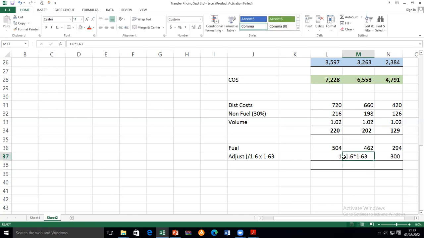We are dividing by 1.6 and multiplying by that. So that's what we have done here.